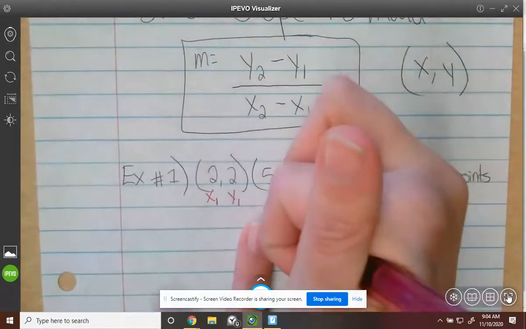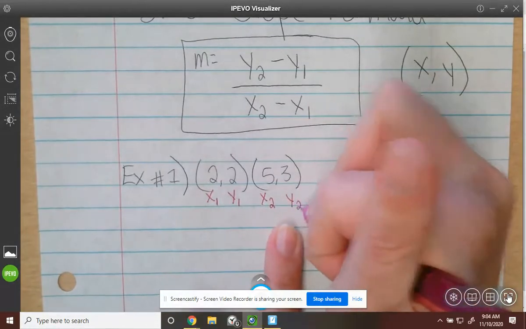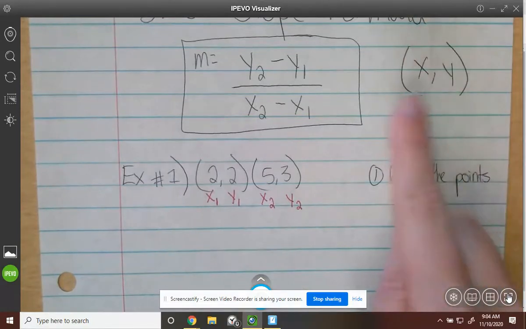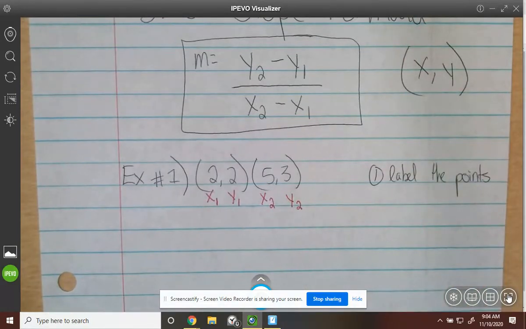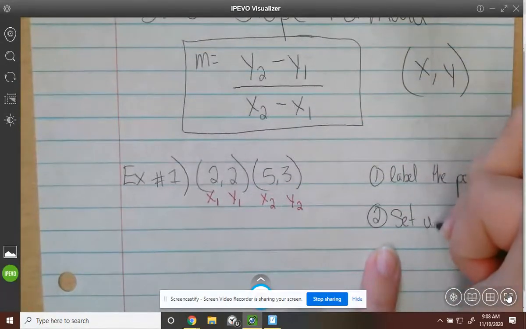5, that's an x, it's our second x, so we label it with a little 2, and 3 is our second y. So that's how we label, and it'll always be x1, y1, x2, y2, because these never flip-flop. They always change x and y. Okay, second step, you're going to set up the formula.